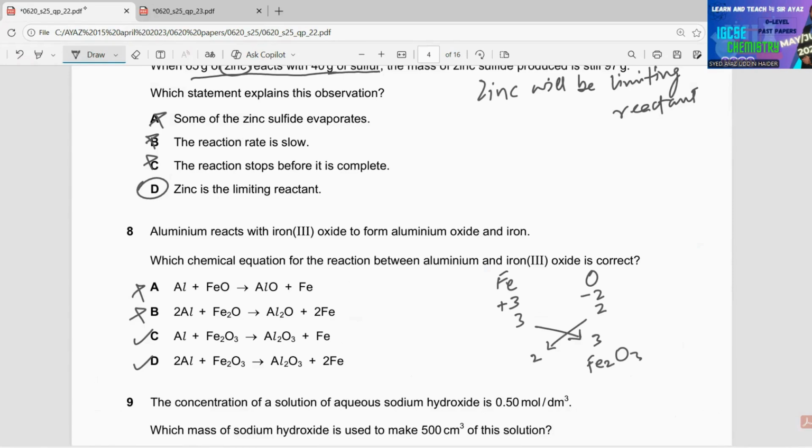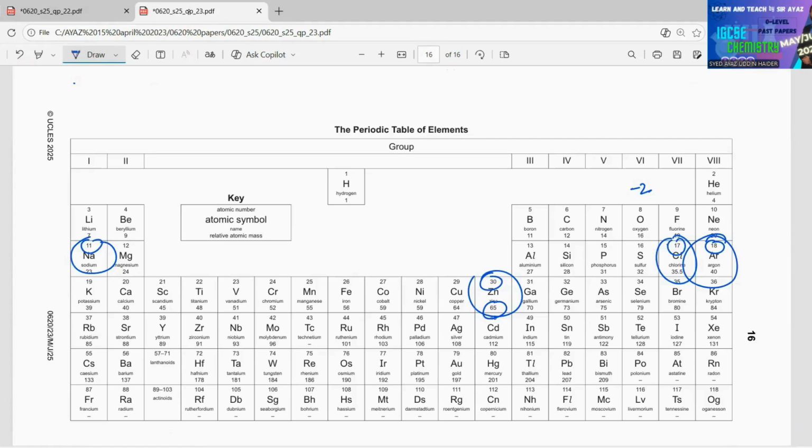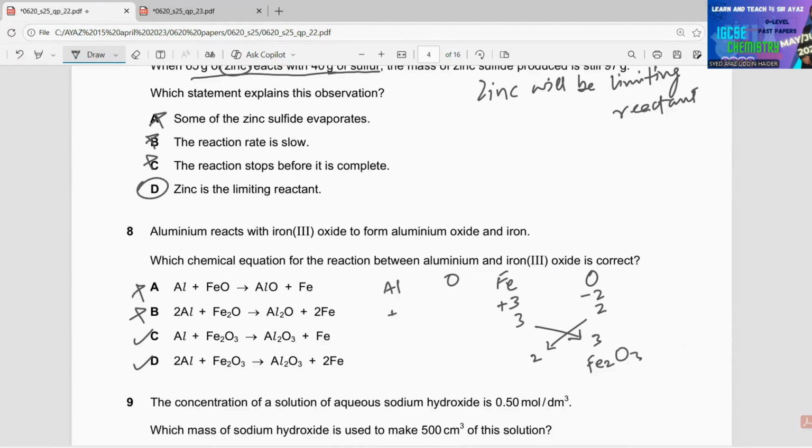Now, what about the product obtained? They said the product will be aluminium oxide. What will be the formula for aluminium oxide? Here's aluminium. Aluminium is in group 3. The valency will be +3. So the same scenario with aluminium and oxygen, ignore their charges.